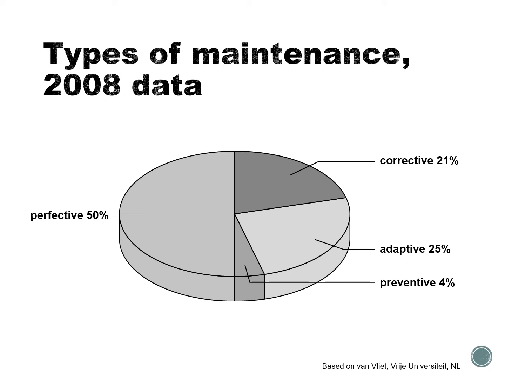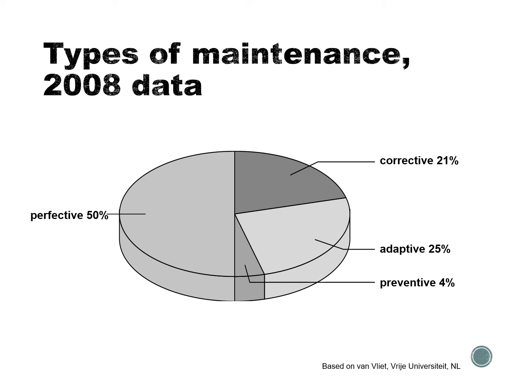So at least in 2008, just about the age where mobile systems became ubiquitous, meaning that they are everywhere, perfective maintenance is the most common type of maintenance work. So we add features so that we get more users, or add activities which we would have wanted to have on the product from the first day it was launched.